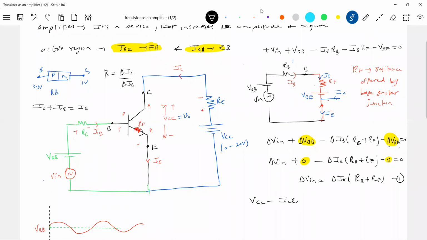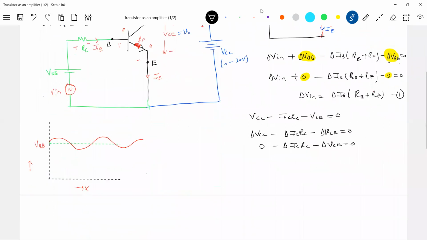Minus ICRC minus VC equal to 0. This is a constant. Okay, let's differentiate. Delta ICRC minus delta VC equals 0. This will be a constant, 0. Better to write small letters, because after differentiating, to indicate it's a changing quantity, equal to 0.